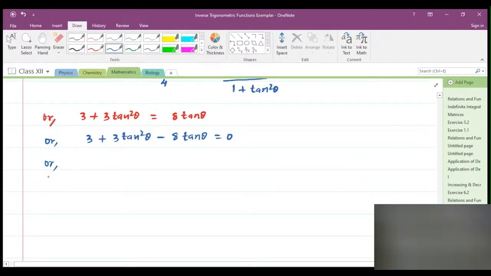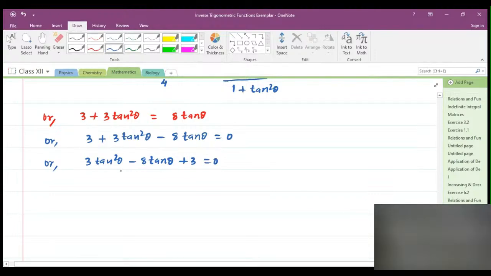Now we arrange this one. Then we get 3 tan square theta minus 8 tan theta plus 3 equal to 0.